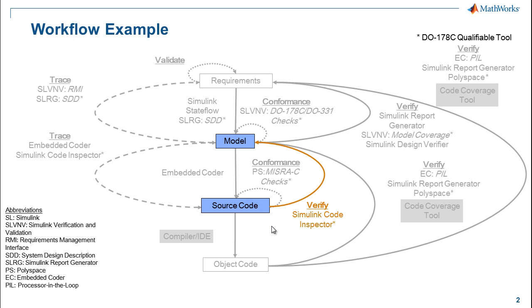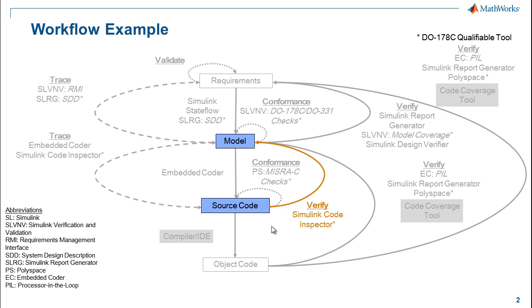The idea is that in a DO-178C process, some verification is required to show that the source code properly implements everything in the low-level requirements or the detailed design. In this workflow, we're treating the Simulink model as our detailed design.